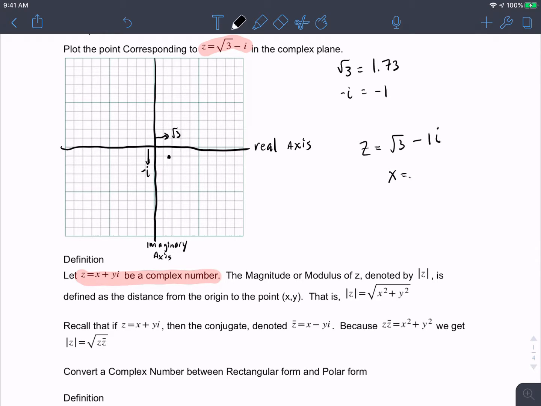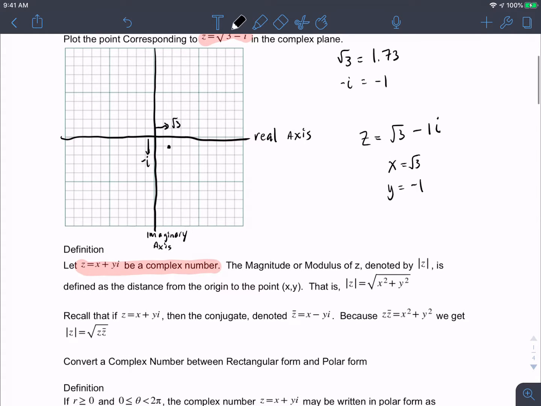So x would have been square root of 3 and my y would have been the negative 1. That's basically what it's saying. And then to get the distance from the origin, that's important. The distance from the origin is simply going to be the magnitude of the real with the imaginary, and we call that the magnitude. Instead of distance, it's just called the magnitude.